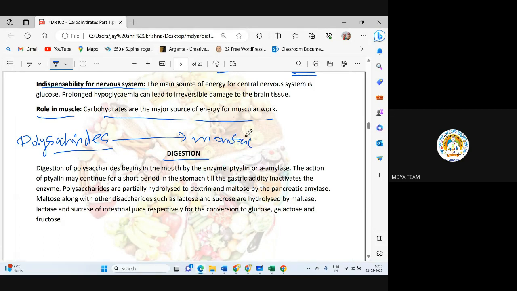It will be a gradual breakdown. Polysaccharide will be broken down into smaller polysaccharide, then into much smaller polysaccharide, then into disaccharide, and ultimately those disaccharides will be broken down into monosaccharide. At the end, only monosaccharides are there.